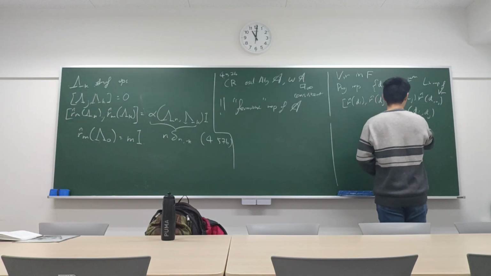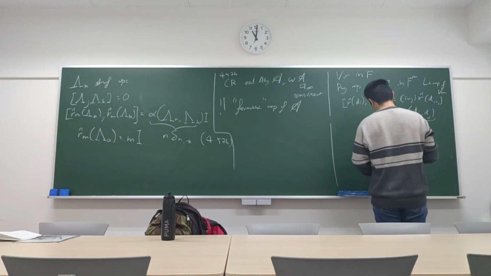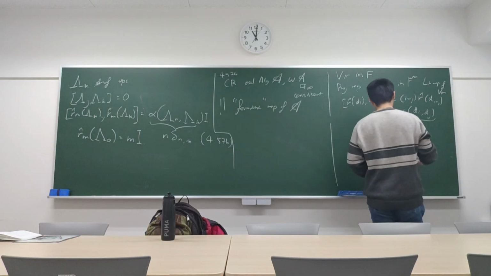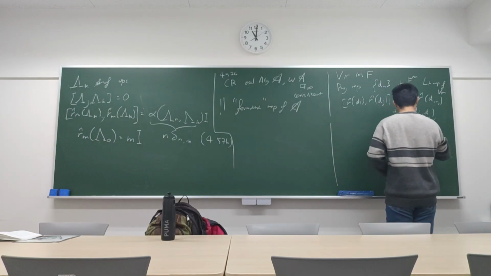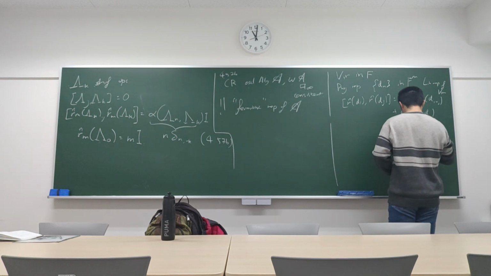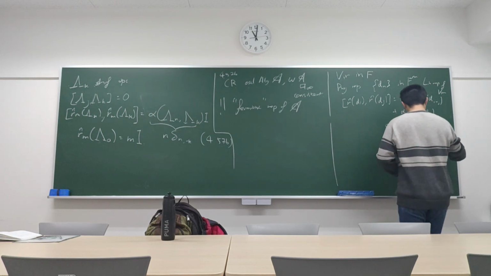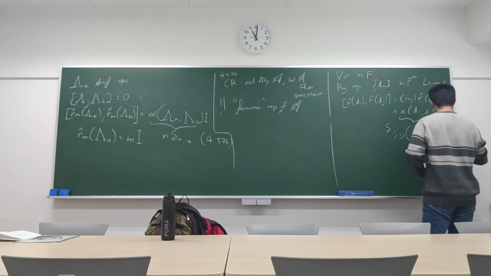So it can be shown that this thing, based on a similar calculation as in chapter 2, it has to be this: i minus j, i cubed minus i, c over 12, plus 2i H naught.